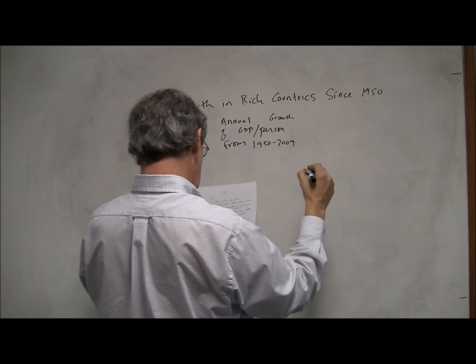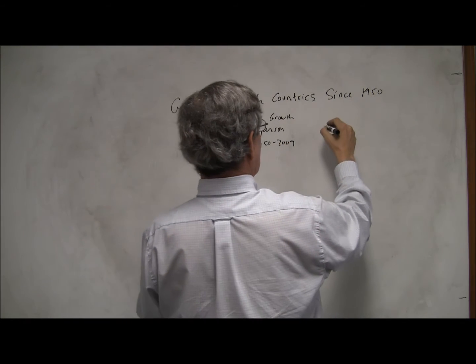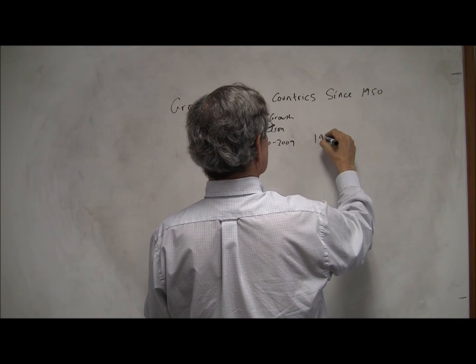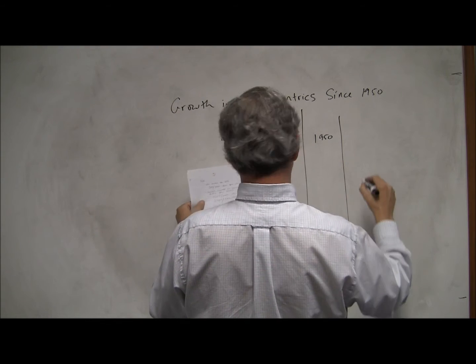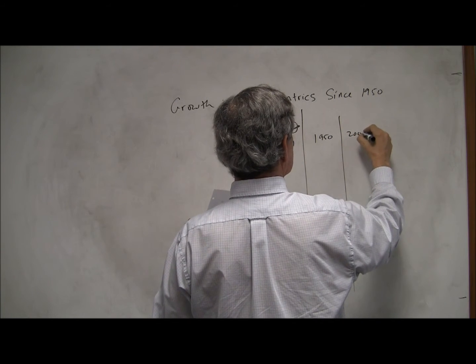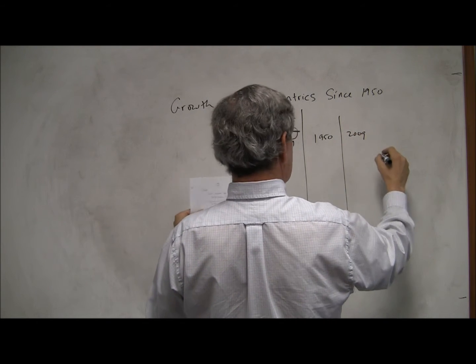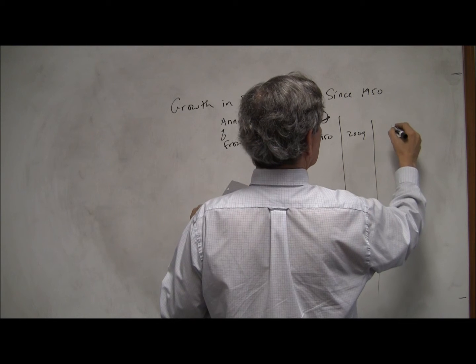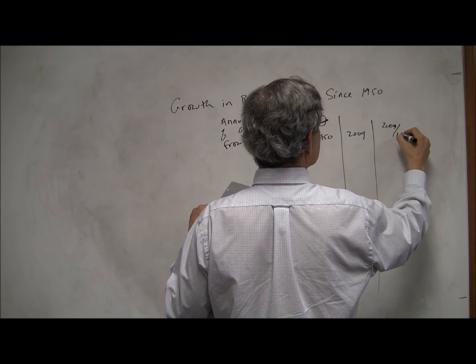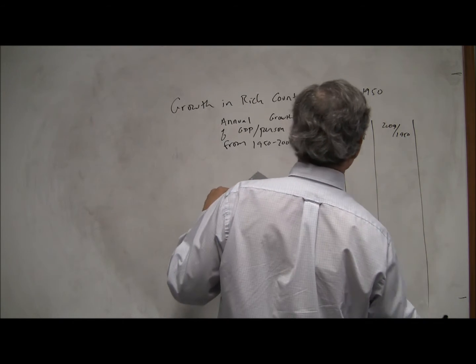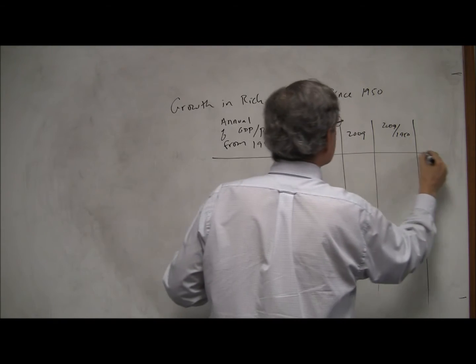That's the first column. Then we're going to look at 1950. We'll look at 2009. And then we'll look at the ratio of 2009 to 1950. That'll be the last column.